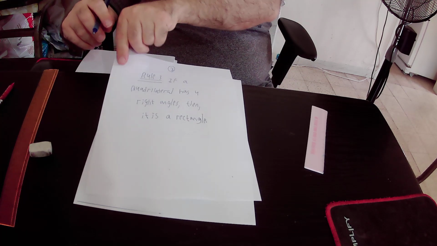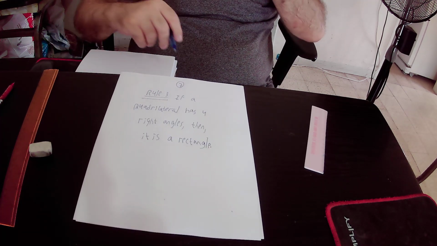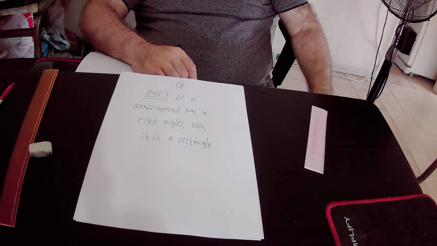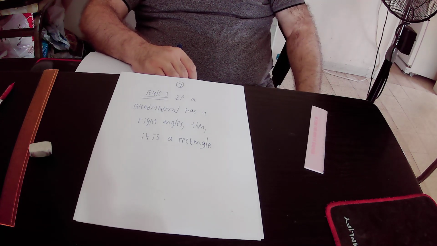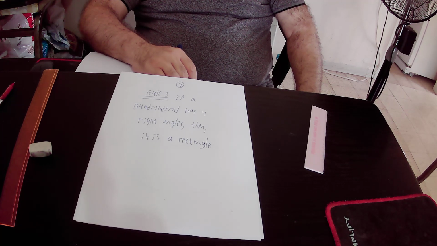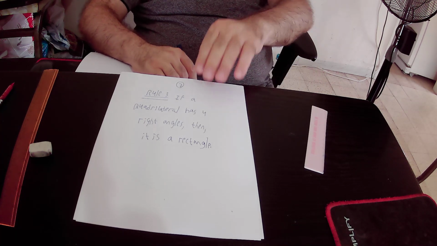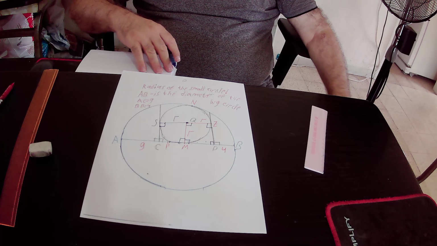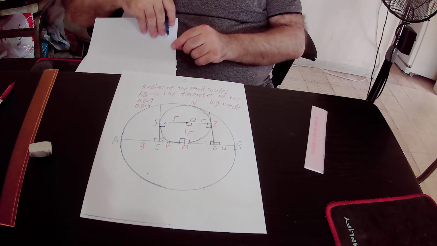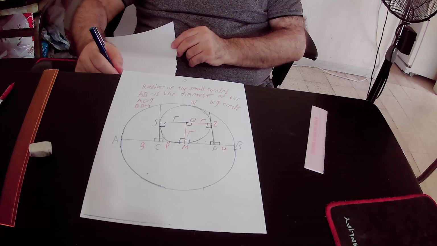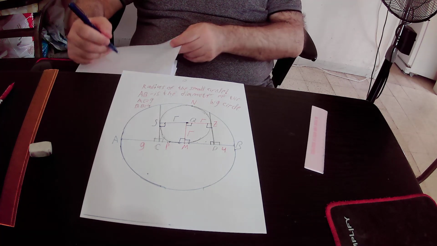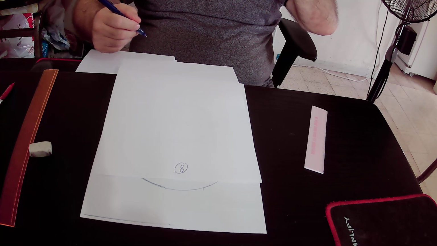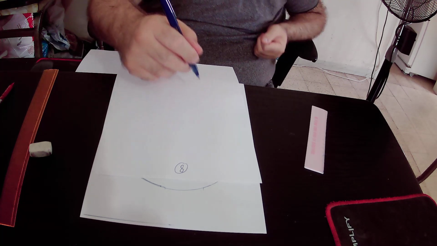Okay, and we do rule number 3 again. According to rule number 3, if a quadrilateral has 4 right angles, then it is a rectangle. So actually quadrilateral QZMD has 4 right angles, and therefore it is a rectangle.